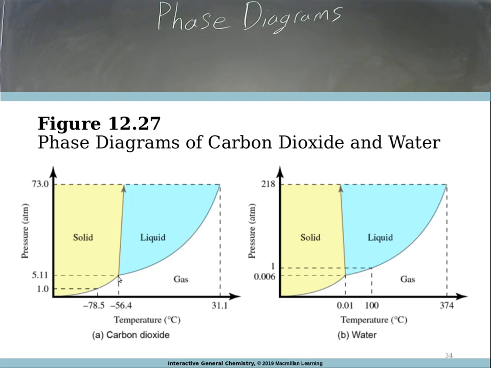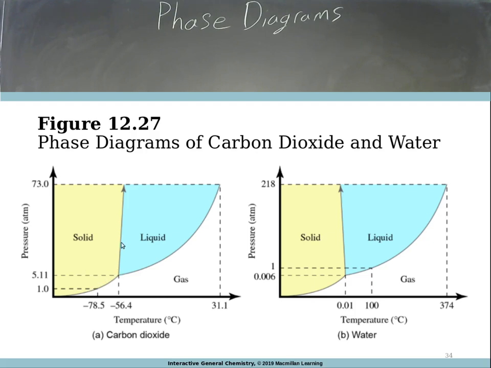That's why carbon dioxide will go from a solid directly to a gas under normal pressures. That's what dry ice is, solid carbon dioxide. And it's dry because when it's warmed up, it goes straight to a gas without any liquid. So that's one unique thing about carbon dioxide.